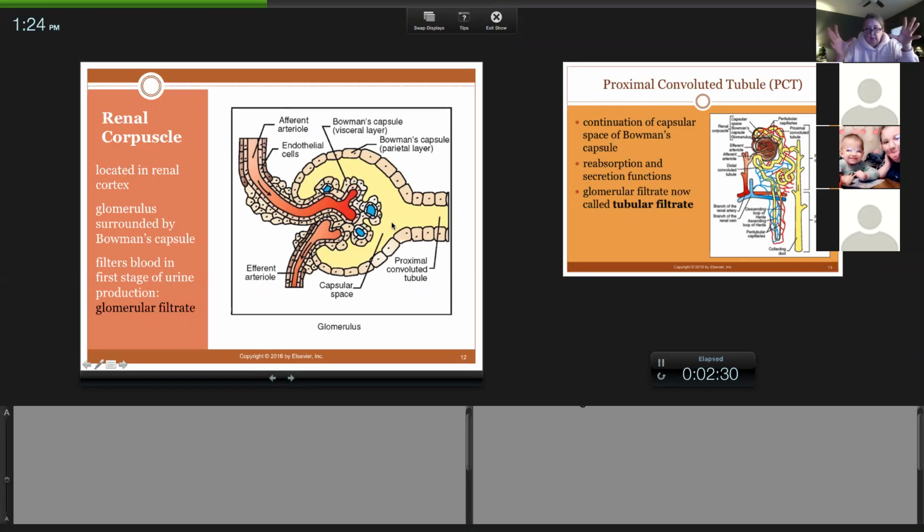Let me give you an analogy, because analogies help me, maybe they help you. If you know what a kitchen strainer is, you put it in the sink, and say I just want diced canned tomatoes, just the tomatoes.